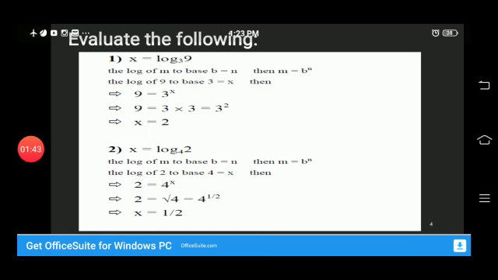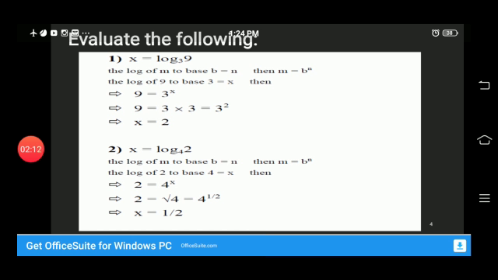Evaluate the following. Let x be equal to log of 9 to base 3. The log of m to base b is n, then m is equal to b raised to power n. Here, the log of 9 to base 3 is x, then 9 is equal to 3 raised to power x.